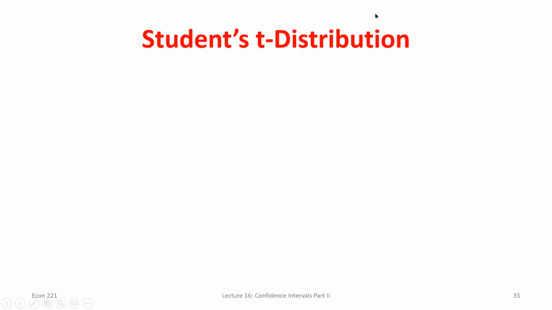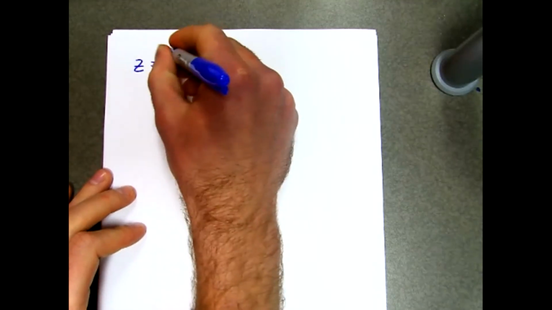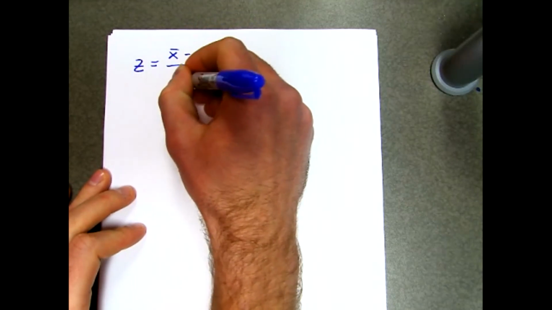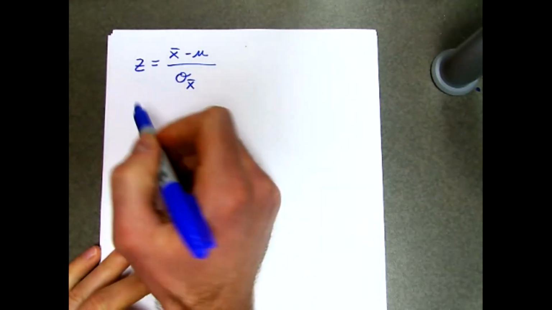So if we do that, we'll think about what we were doing before. To calculate Z values, I was using the standard deviation of my sample means where I had a known population variance, right? So this created Z values, which we knew were standard normally distributed. So we could then use that standard normal distribution table.